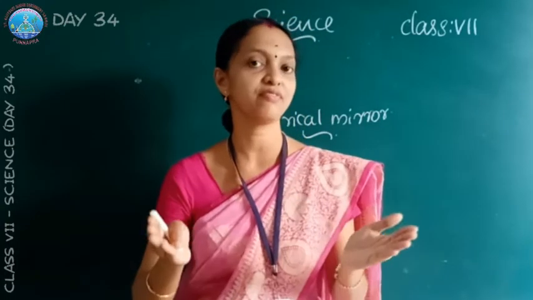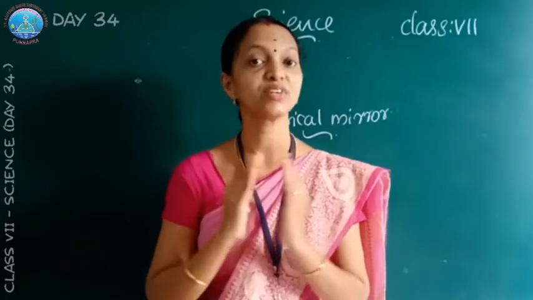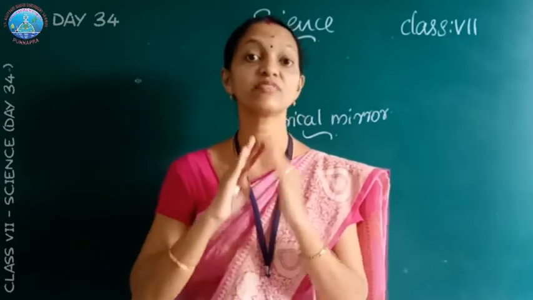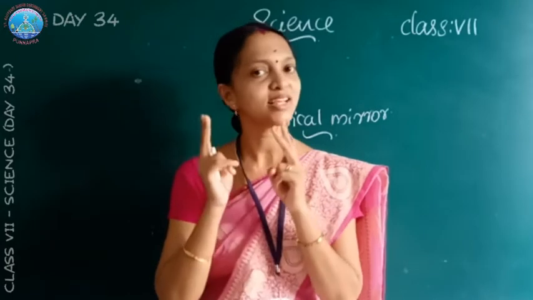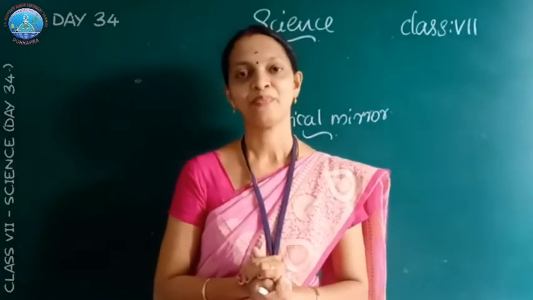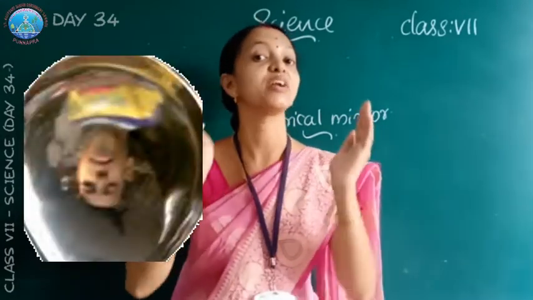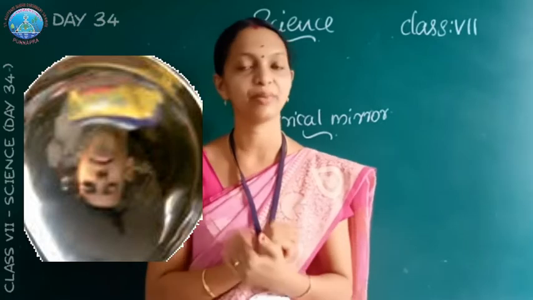The shining surface of the spoon acts like a curved mirror. A curved mirror is considered a spherical mirror. Spherical mirrors are of two types, concave mirror and convex mirror. If the reflecting surface of the spherical mirror is concave, it is called a concave mirror.